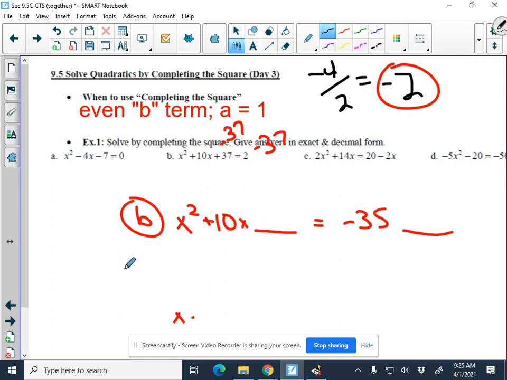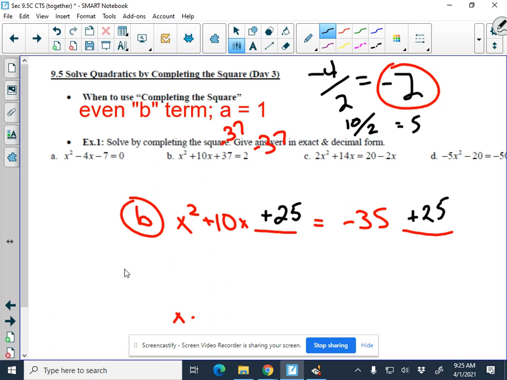What do you think goes in the blank? 25 is correct. Did everybody get 25? So you take the 10, you divide by 2, and that gets you 5, and then you hit the squared button, it gets you 25.